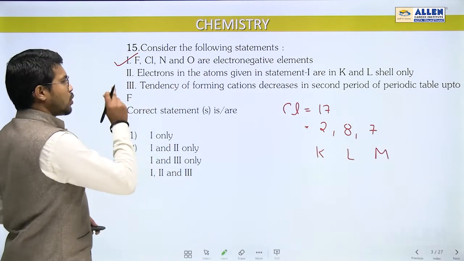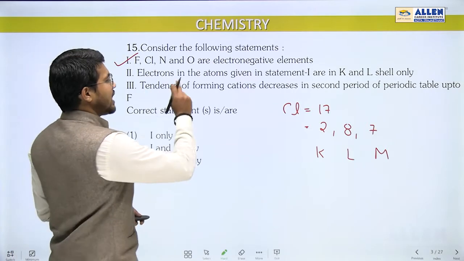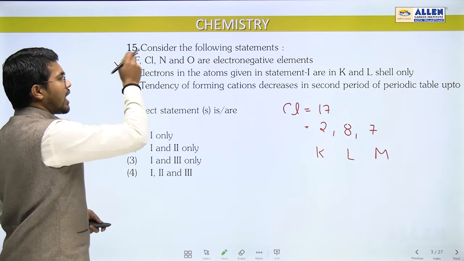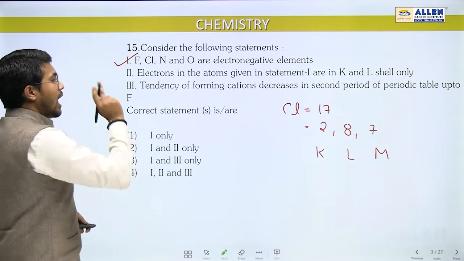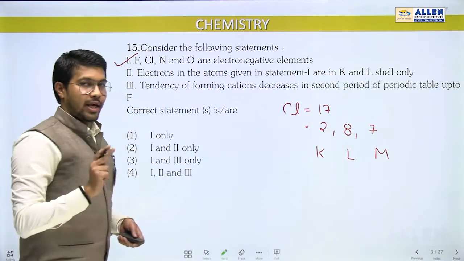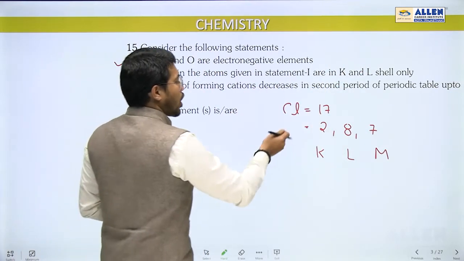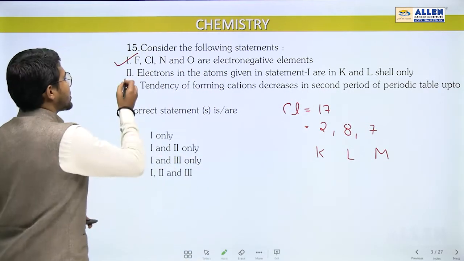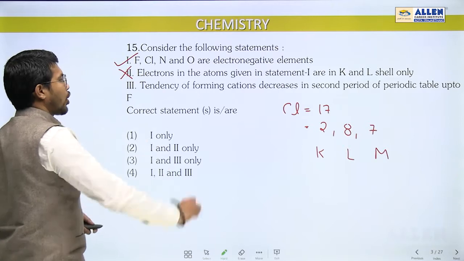So statement 2 was saying that the atoms given in statement 1 contain electrons in K and L shell only. But as we know, chlorine contains electrons in M shell also. So this statement is actually wrong.